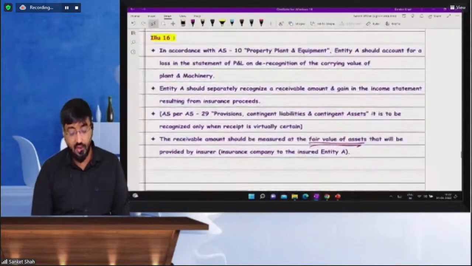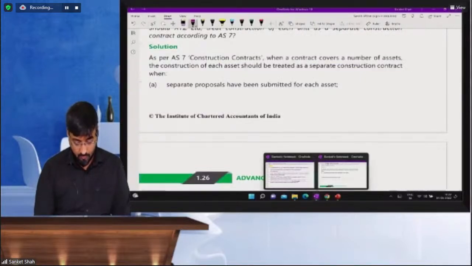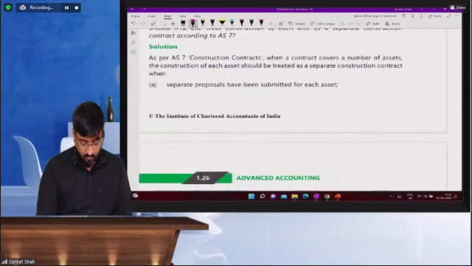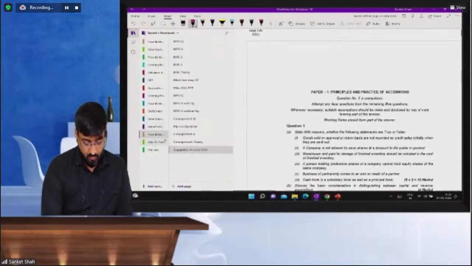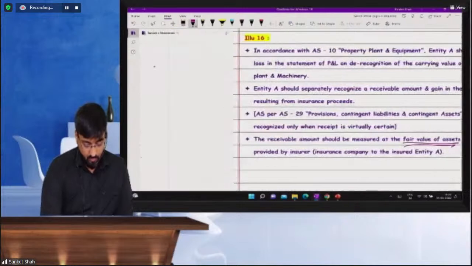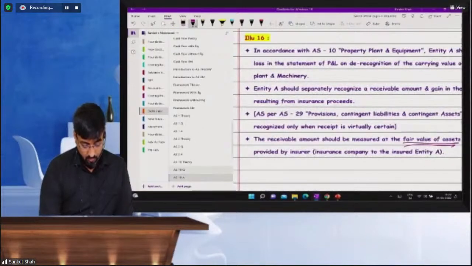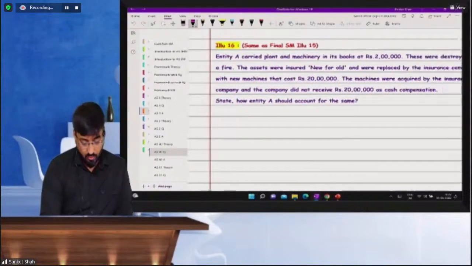What is the entry? New asset account debit 20 lakhs, to old asset 2 lakhs, to profit and loss account 18 lakhs. No cash. Okay, we got this concept.